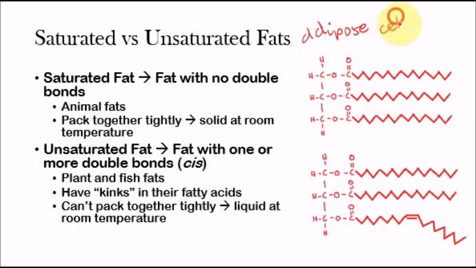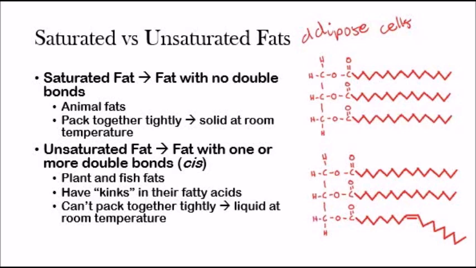In an animal, fat is found in adipose cells, and I already mentioned that fats are a great source of energy for organisms, but it also plays an important role in insulating organisms.